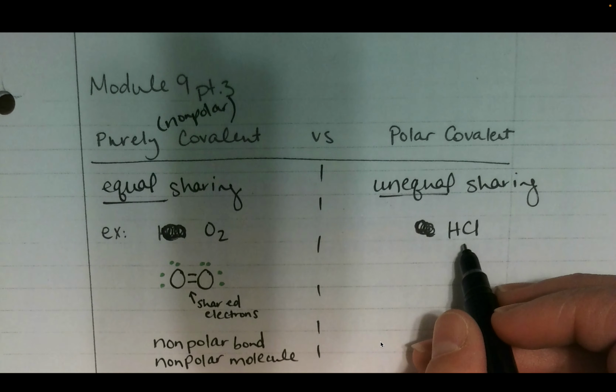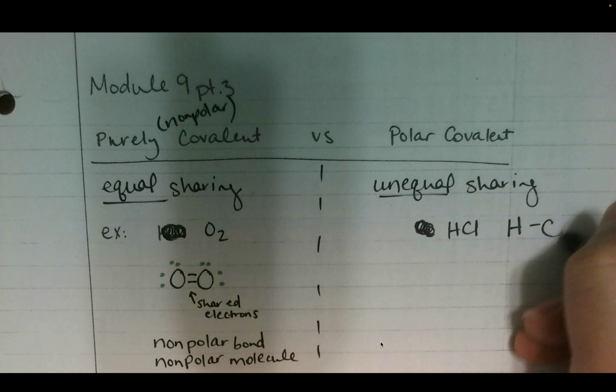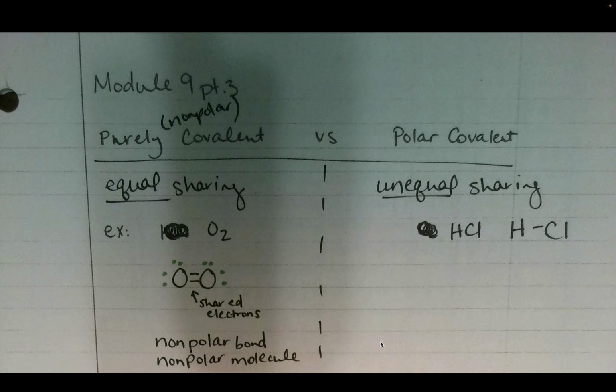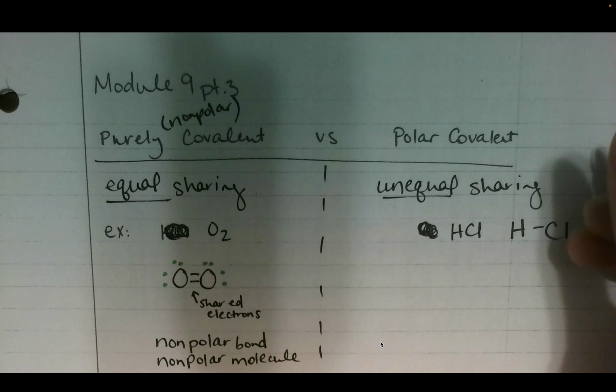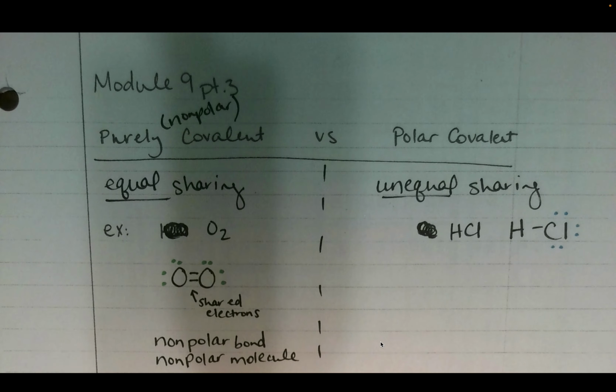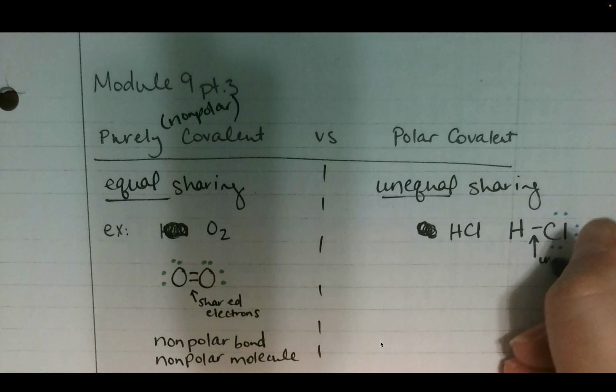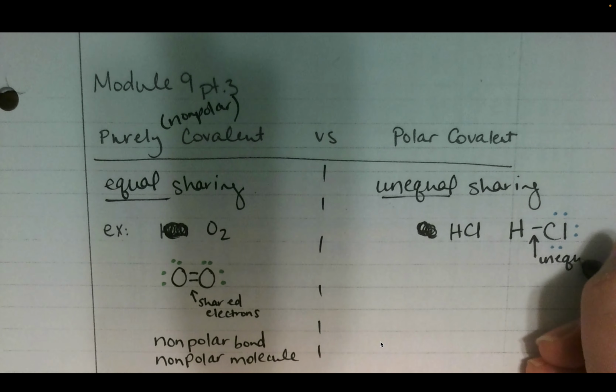So hydrochloric acid, we've talked about this. We drew it earlier actually when we were doing shapes. Hydrogen bonds to chlorine. And what I find here is that I have unequal sharing of electrons.